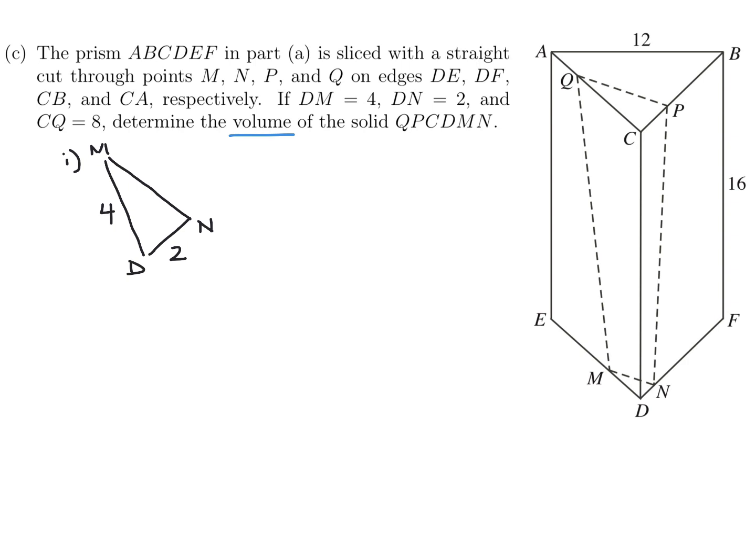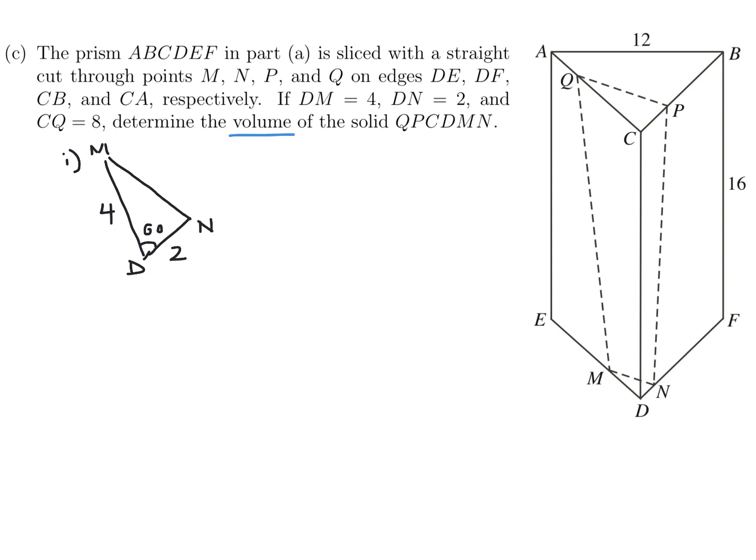If you remember, those were equilateral triangles. I think we'd have to go back and read part A, but since they're equilateral, the internal angles are 60 degrees. So in this diagram, this right here is 60 degrees.